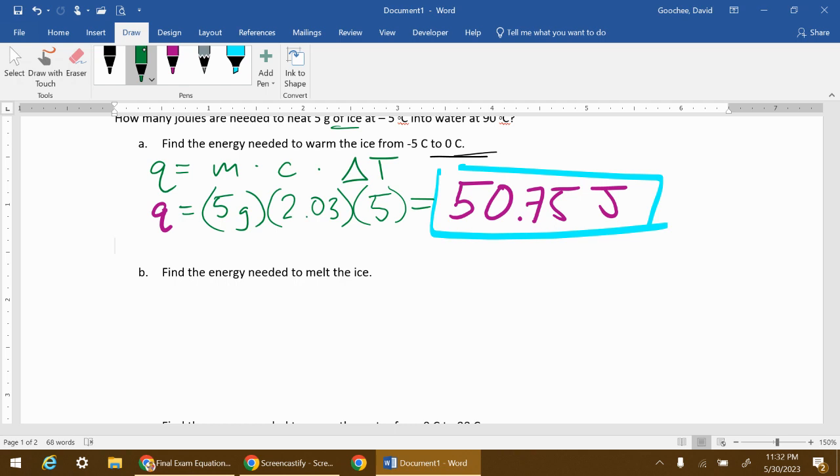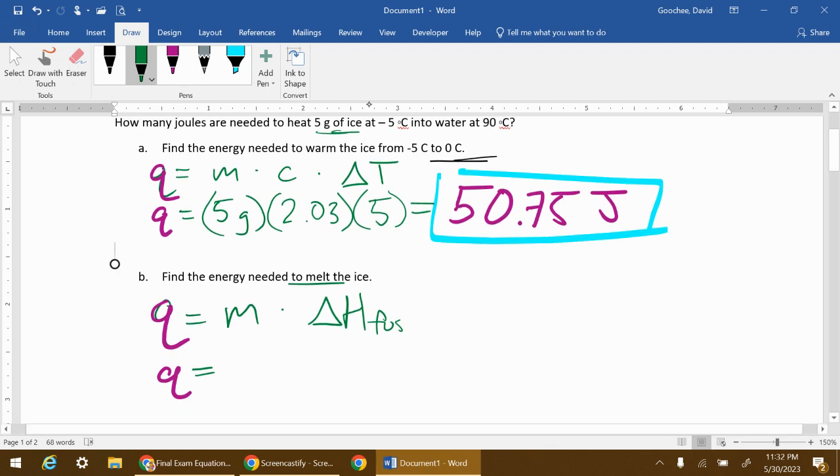Okay, next, you need to melt the ice. For that, you're going to use Q equals M times the heat of fusion. Once again, you're solving for Q, so no algebra needed here. The mass of this ice is still 5 grams.